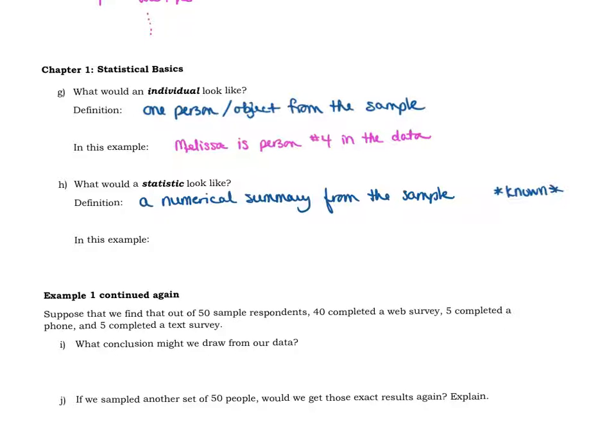So it might be the percentage of people who said they'd take a web survey, or a paper survey, or a phone survey if you prefer. And again, that would be known. Out of the however many people we asked, this percentage of people said they would take a web survey. That's a known value. That's not unknown.